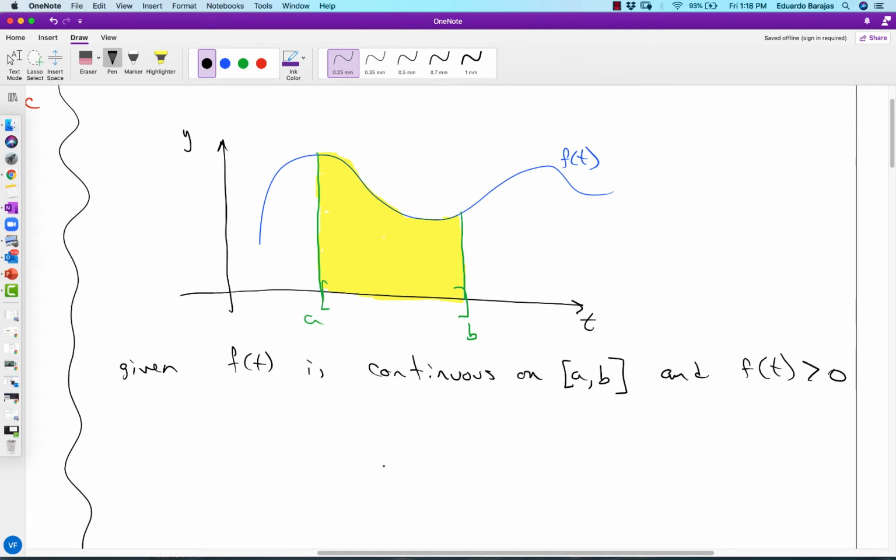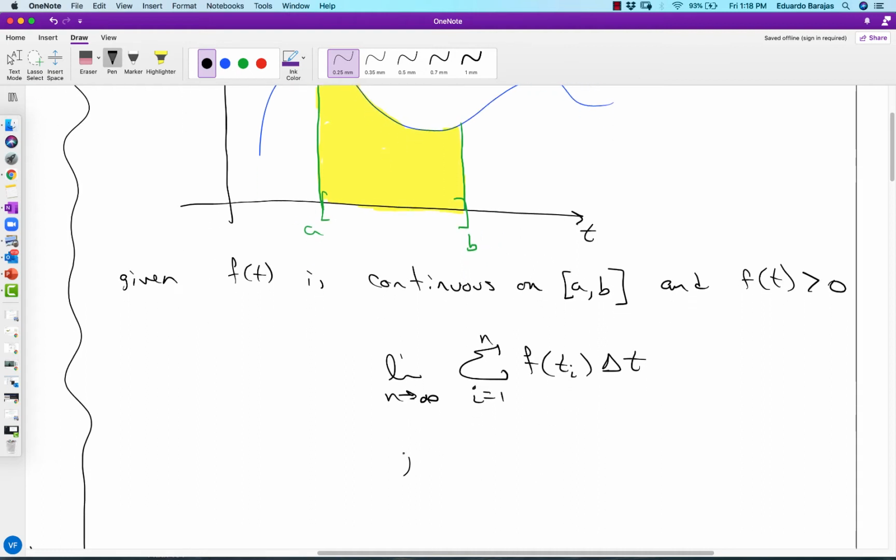We're going to find the limit as n goes to infinity, because we're going to do n rectangles, of the Riemann sum as i ranges from 1 to n. And now we're going to have f of t sub i delta t. Again, you might recall this using the variable x.